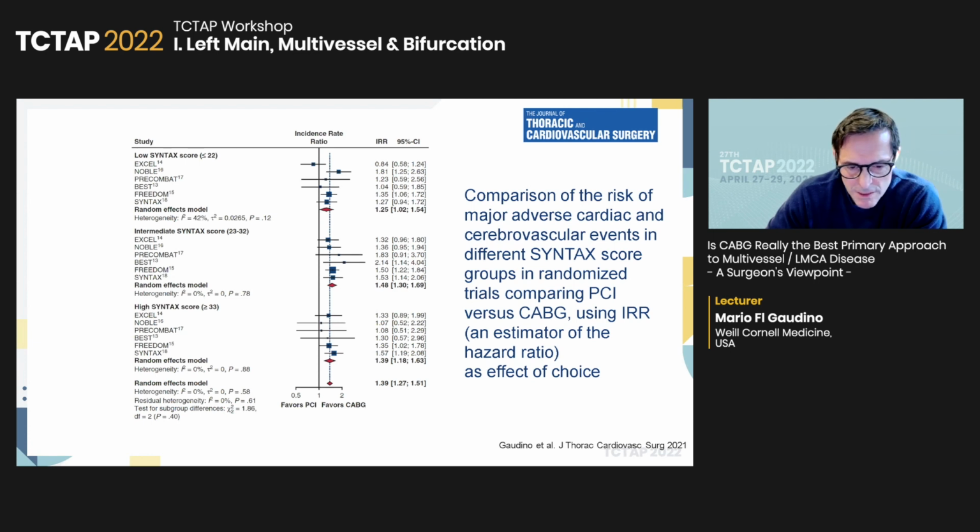So while we believe that the complexity of the coronary lesion matters, and it matters more for PCI than for CABG, the SYNTAX score per se should probably not be used to guide clinical decision making.